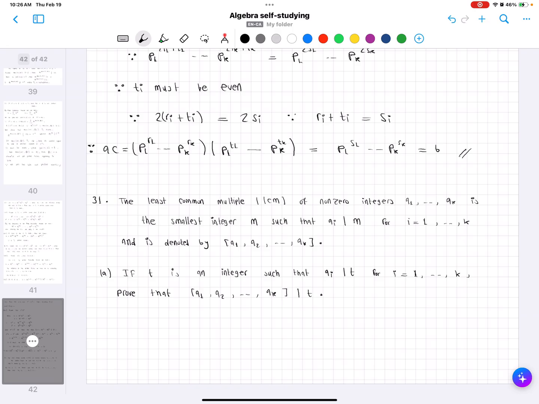So by definition, the least common multiple is the smallest integer where all those ai's are factors, or the smallest integer m that is a multiple of all of those ai's.